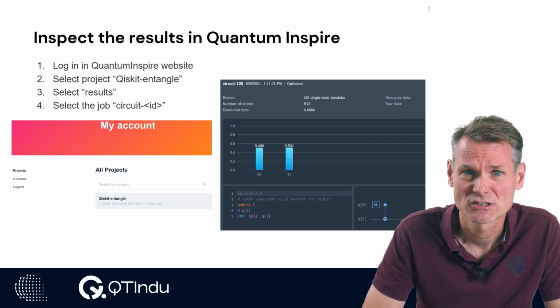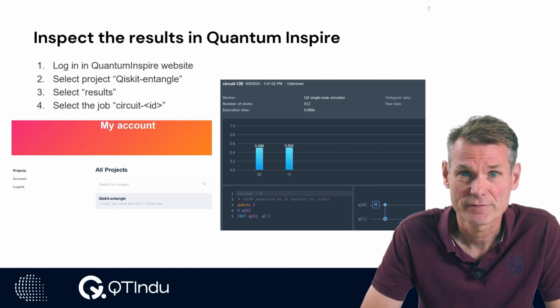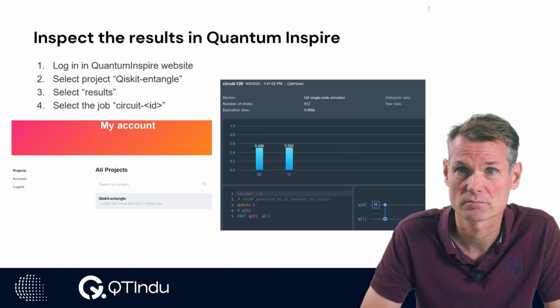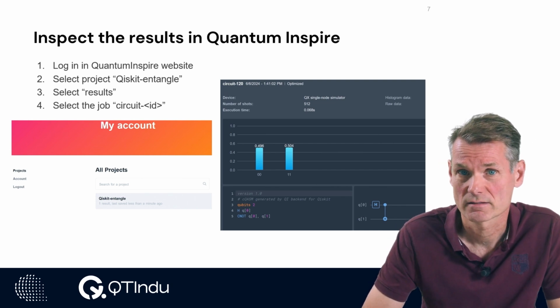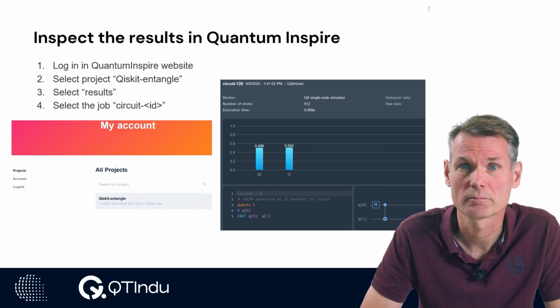The results page shows the cQASM algorithm that is the equivalent of the Qiskit circuit. This is the result of the translation we mentioned earlier. Notice that in this specific case, the measurements in the Qiskit circuit are not translated into cQASM measurement statements. The reason is that it is possible to optimize certain cQASM algorithms in Quantum Inspire.